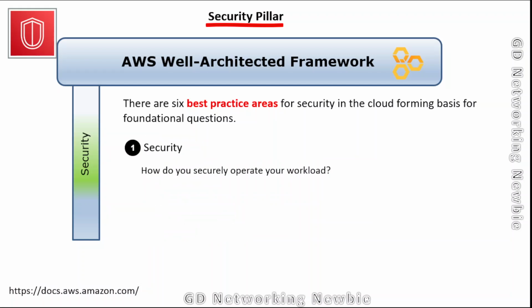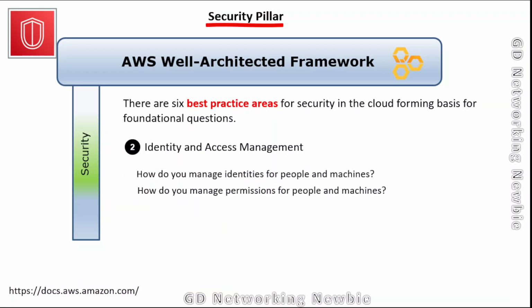And now I'll give you some of the foundational questions which are covered by these practice areas. In security, there are some questions, and their context and best practices are given in the link. I'll share the document. A question like, how do you securely operate your workload? There are some best practices for that, and you can go through this in the document.